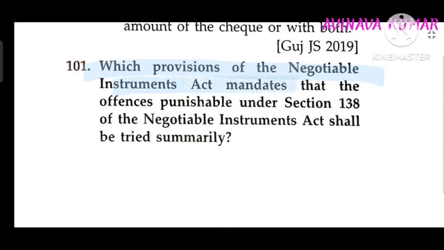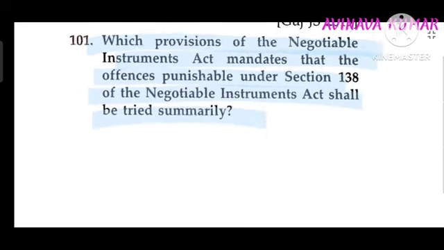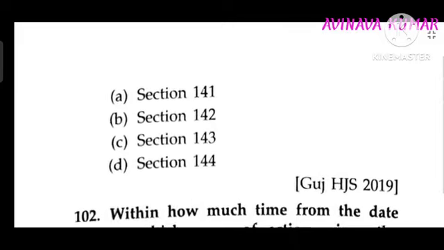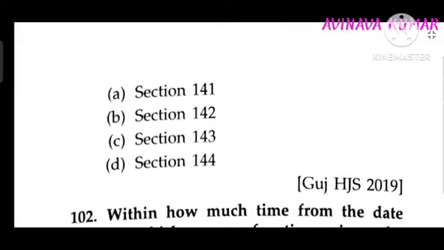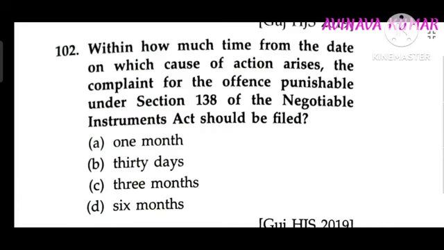Which provision of NIA mandates that an offence punishable under Section 138 shall be tried summarily? Section 143. Within how much time from the date the cause of action arises should the complaint of an offence punishable under Section 138 of NIA be filed?